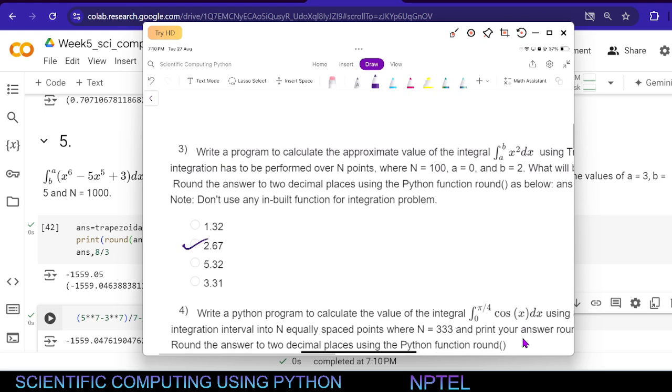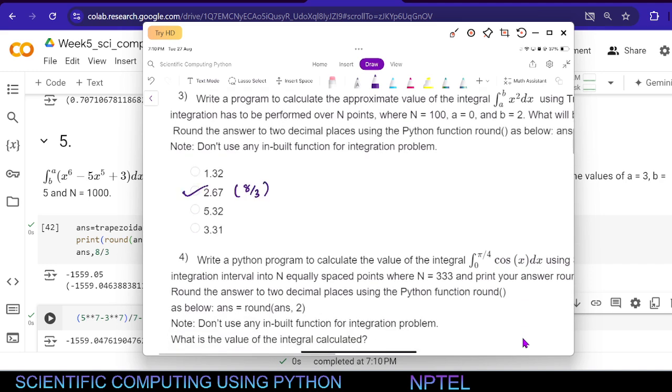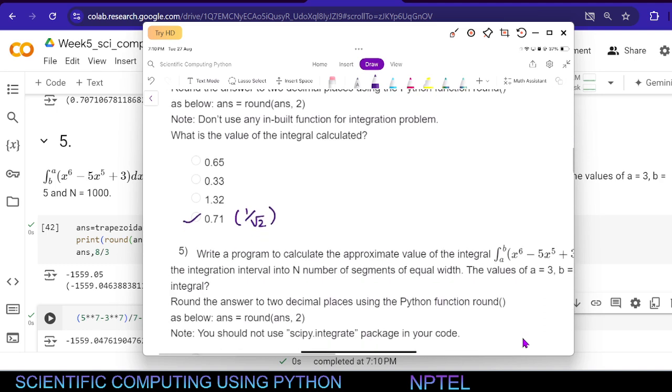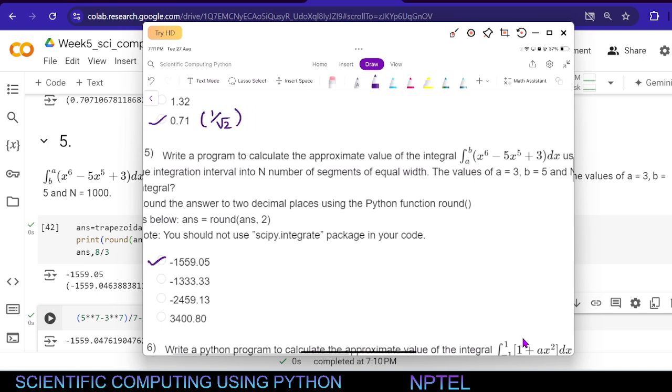So this was 2.67. Yeah, it was 8 by 3 basically. This was 0.71, which was 1 by root 2. And this is -1559.07.